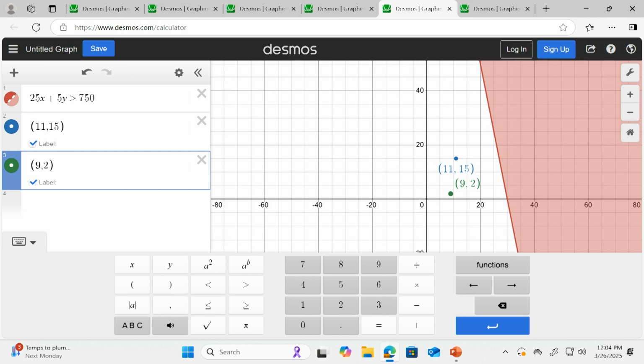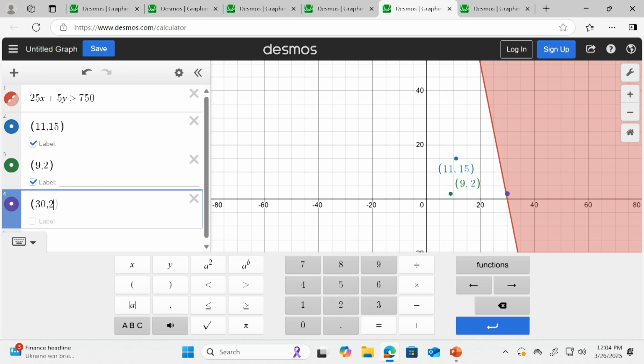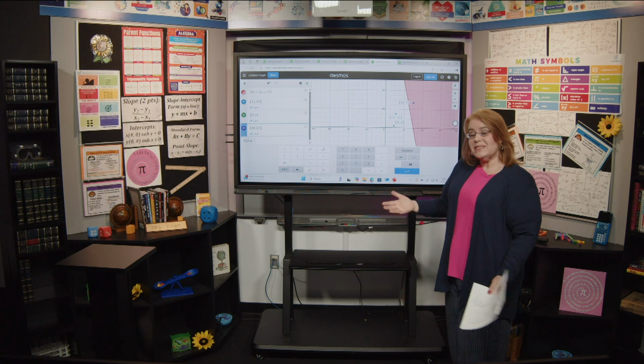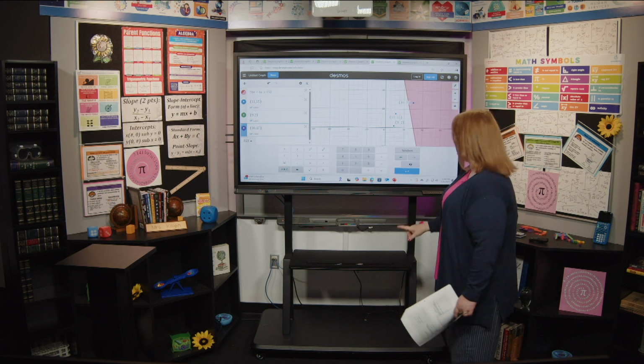Okay, let's see if maybe, just maybe, 30 whole pizzas and 27 slices. Oh, that's in the shaded portion. So if they sold 30 whole pizzas and 27 slices, they could get the money they need plus have a little extra. So that would be good.